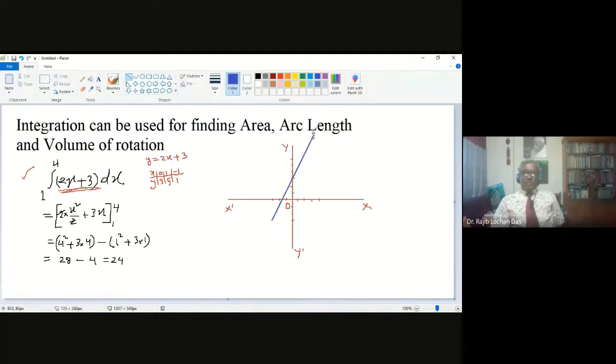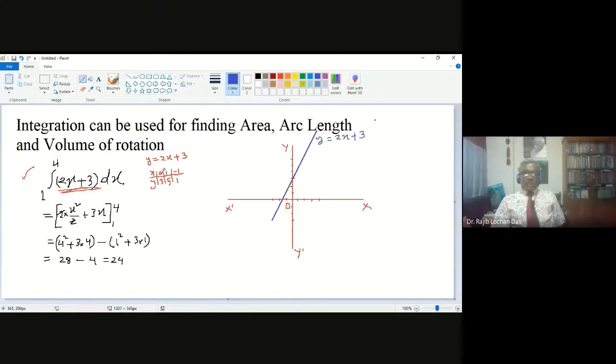If you do not know or do not understand, that is also okay for this course, because in this course we are not going that deep. So what I want to tell you is that this is the graph of y equals 2x plus 3.